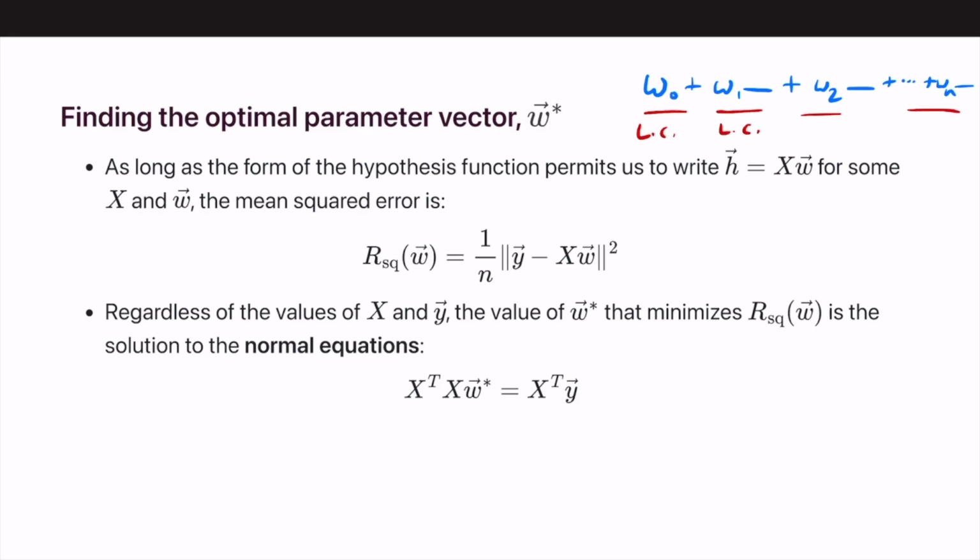So linear combination. And if we have this pattern, we can create a design matrix. And we can design a W vector, parameter vector. And if we can do those things, then we can get our hypothesis function. And if we can do that, then we can define mean squared error.